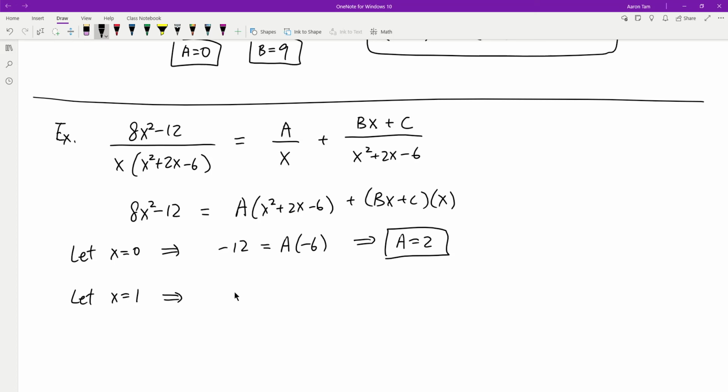So it becomes 8 minus 12, which is negative 4, is equal to, remember we know a is 2, so I'm going to put 2 in. And then when I plug in 1, it becomes 1 plus 2 minus 6, which is negative 3. Plus 1 times b, which is b, plus c, multiplied by 1. And so this results in an equation b plus c equal to 2.